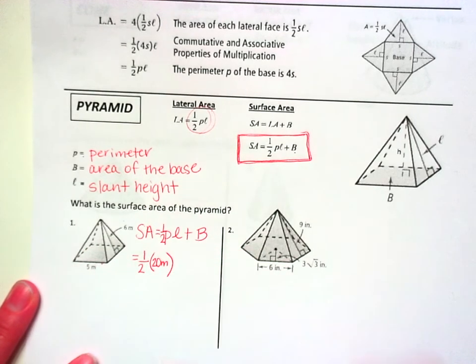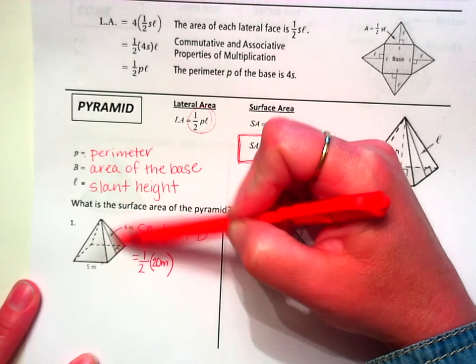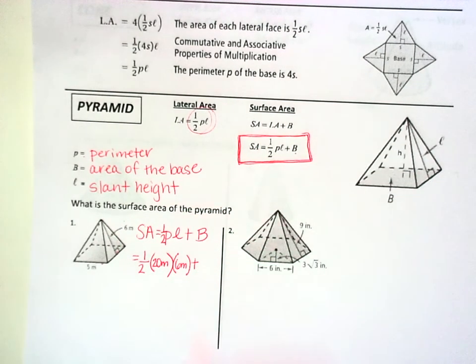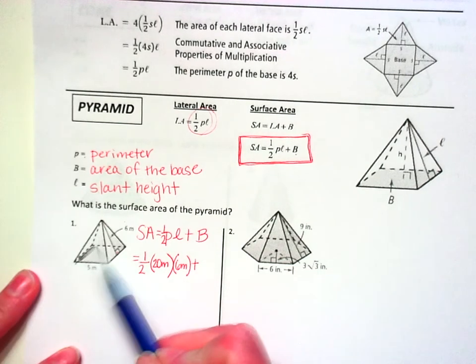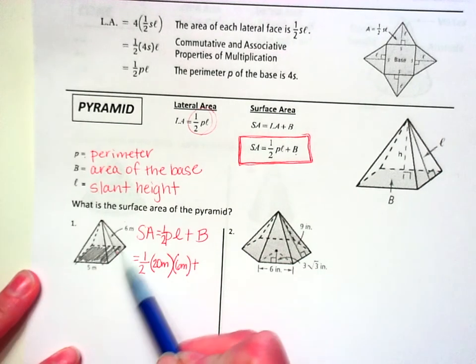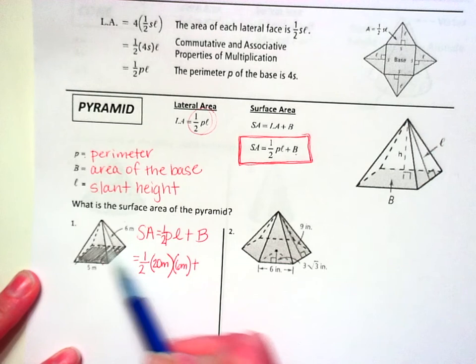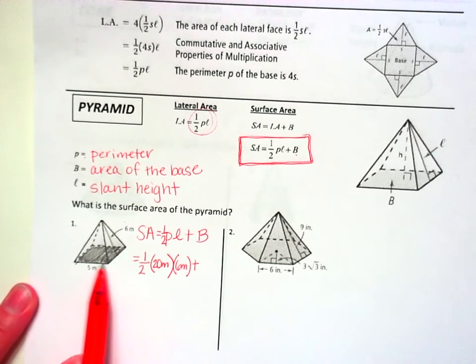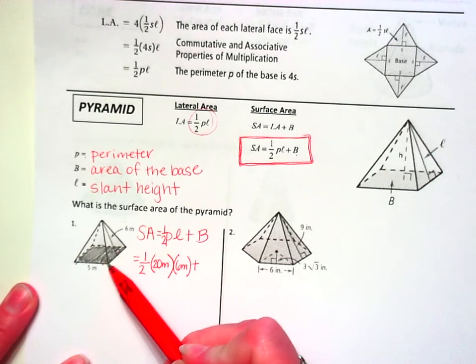The slant height is already right there for us. That slant height is 6. And then we have to find the area of the base. Our base is this square. How do you find the area of a square? Length times width, or base times height. So we'll take length 5 times width 5.